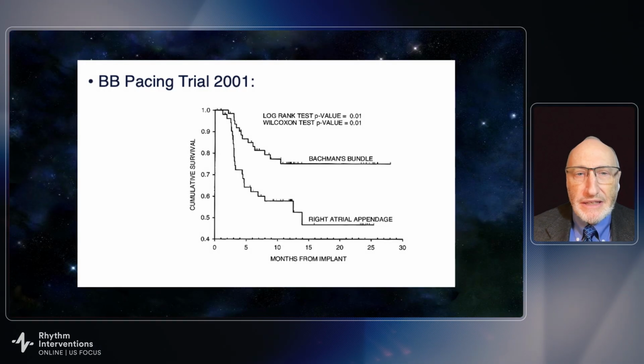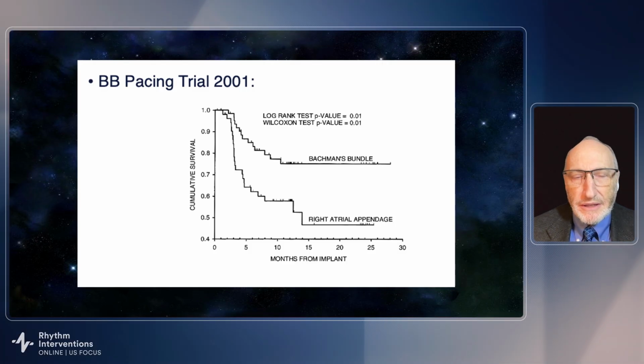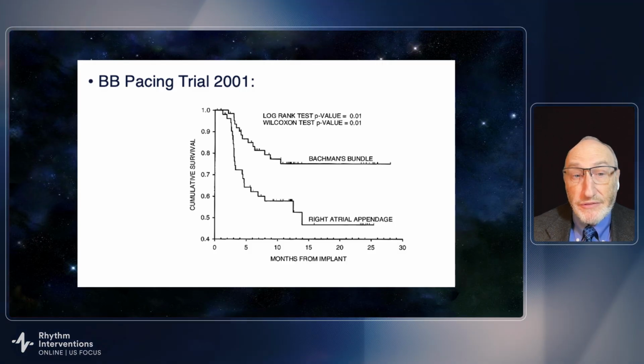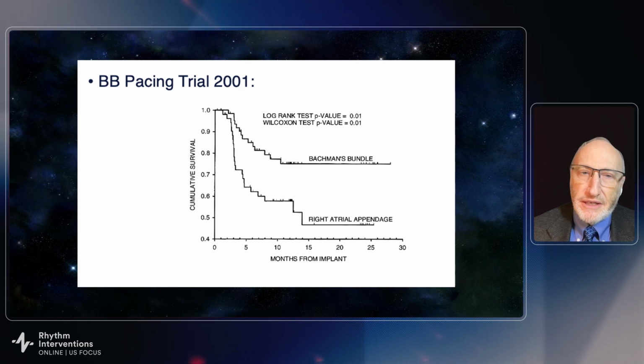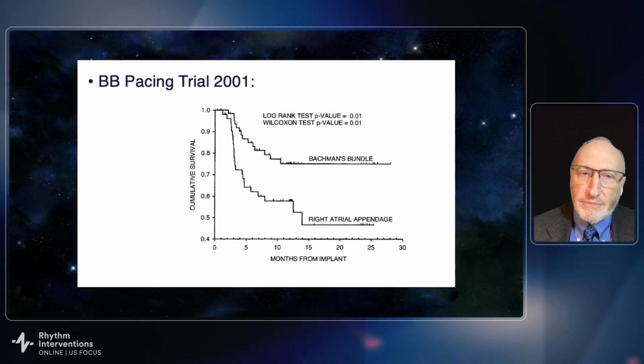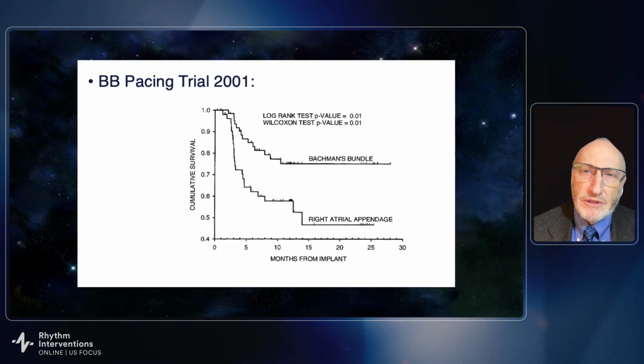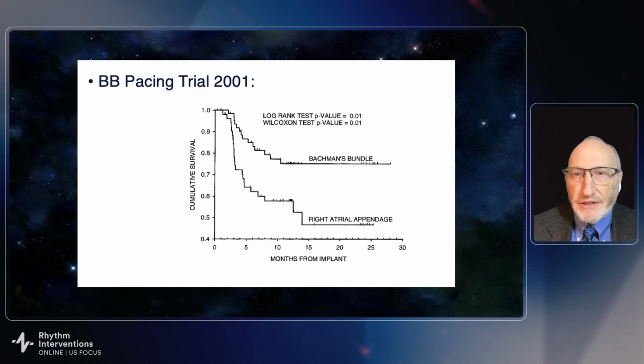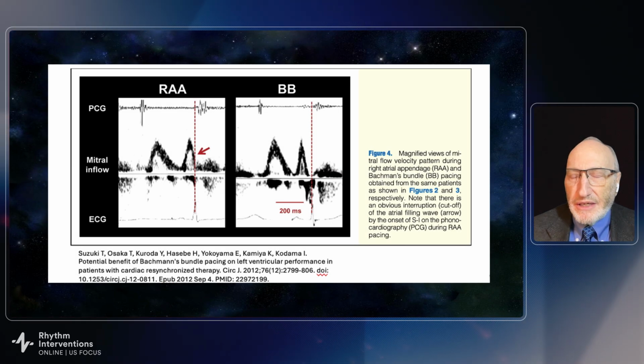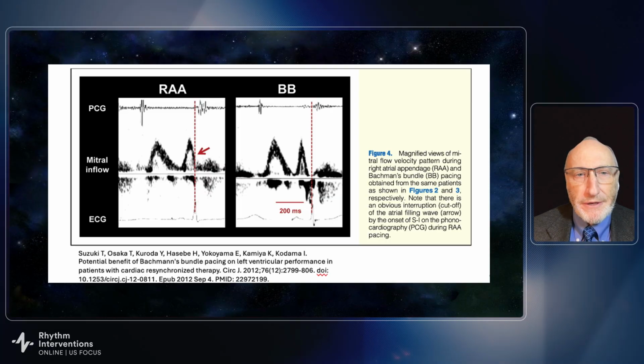The result of that study was relatively dramatic. There was a significant difference between patients maintaining sinus rhythm who received Bachmann versus the right atrial appendage pacing. And subsequent studies, in particular from Vermont, have also suggested a decrease in atrial dysrhythmia.